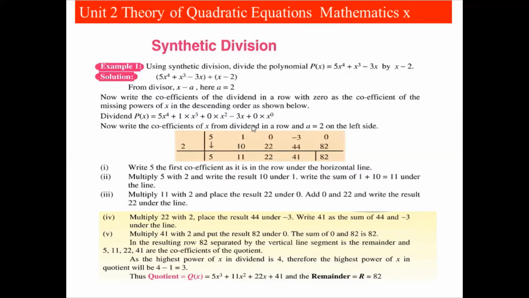Meaning the quotient will be of one lesser power. So when we write the coefficients, the quotient q of x is equal to 5x^3 plus 11x^2 plus 22x plus 41, and the remainder is 82. This last term is the remainder.